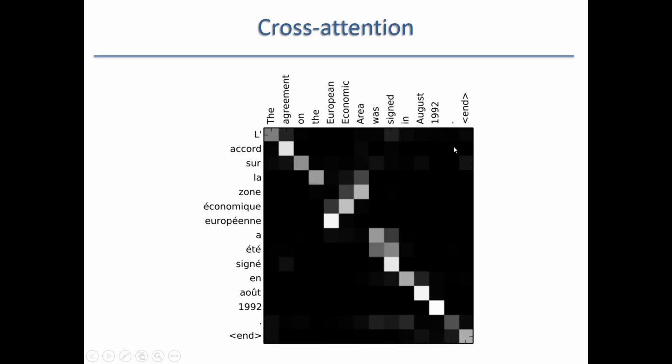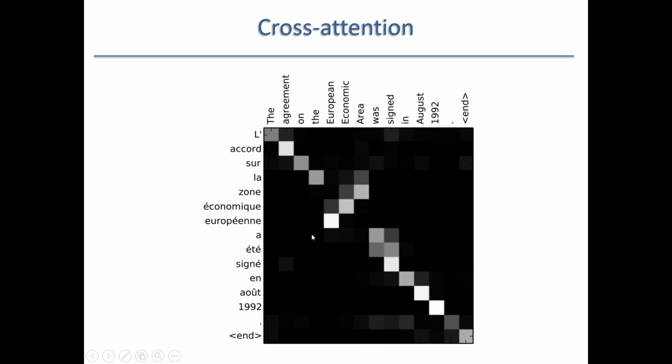And here we have a nice representation of the cross attention. For instance, in English we have the agreement on the European Economic Area was signed in August 92, and in French this European Economic Area is translated, the word order is reversed, this Zone Économique Européenne.